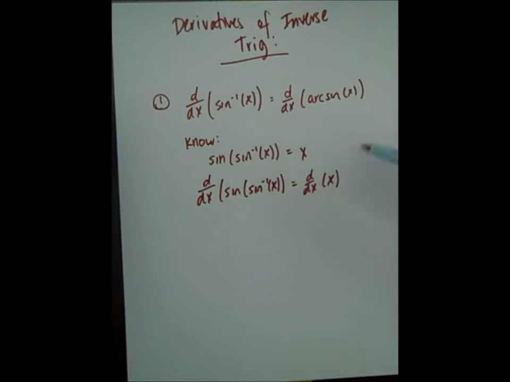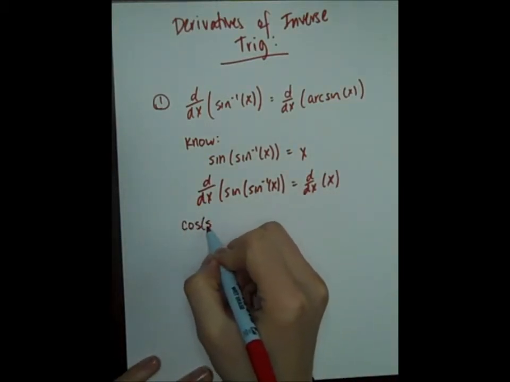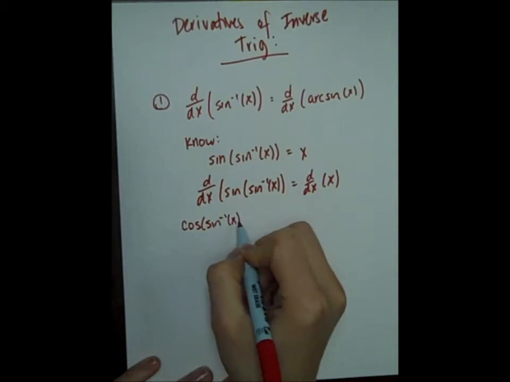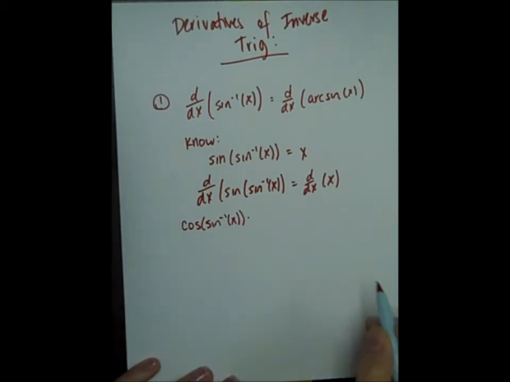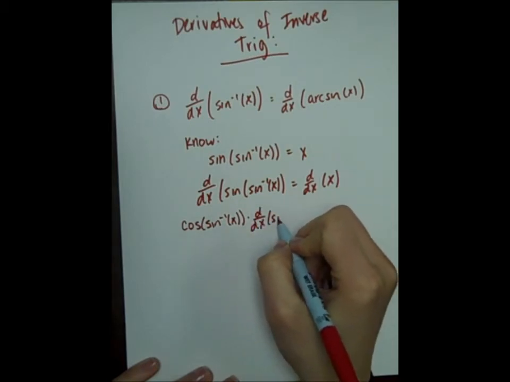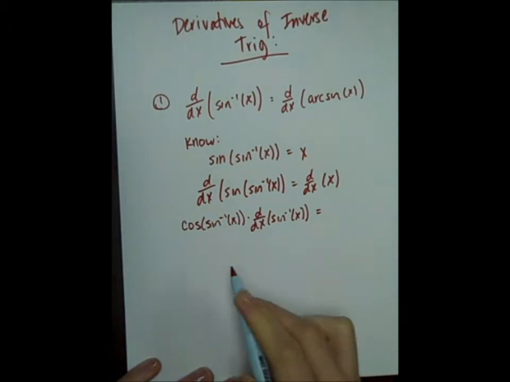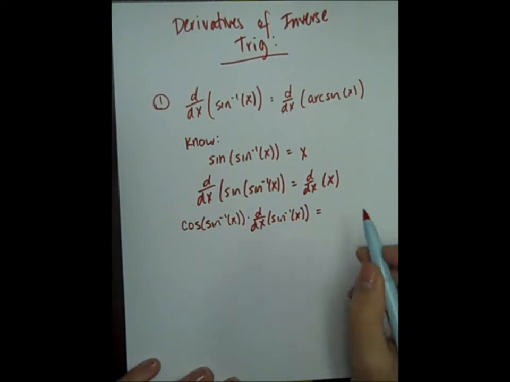Now what is the derivative of sine inverse of x? Well, this is a chain. The outside function is sine, so the derivative of sine is cosine. Remember, I keep the inside part the same. Then I move inwards and I multiply this by the derivative of sine inverse of x. So I use the chain rule on the left hand side. Now what's the derivative of x?